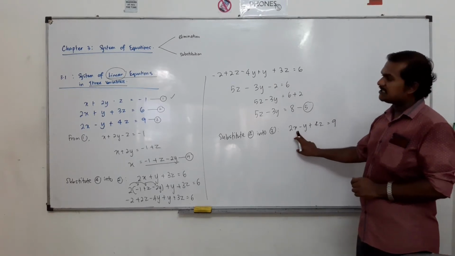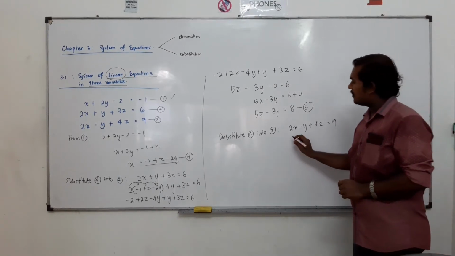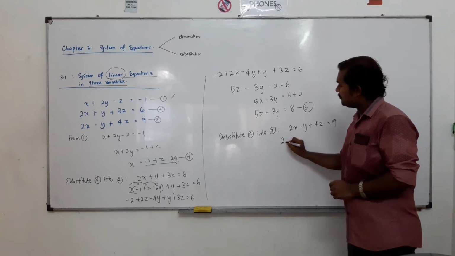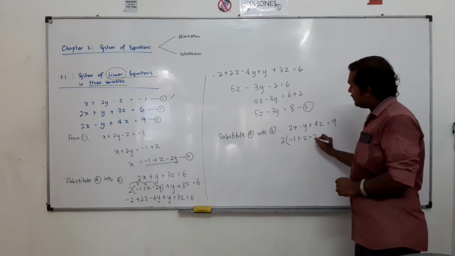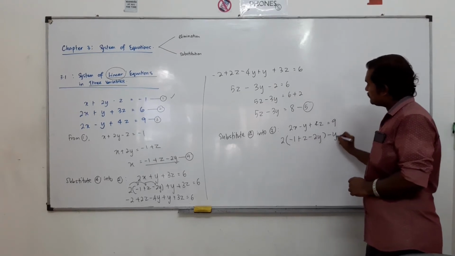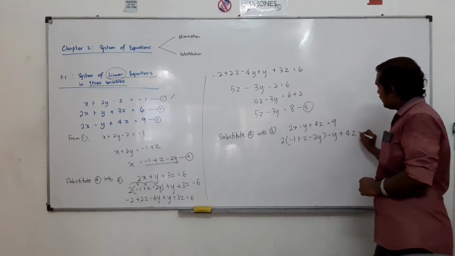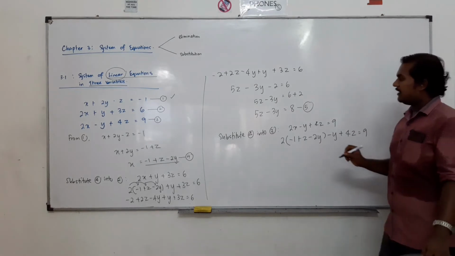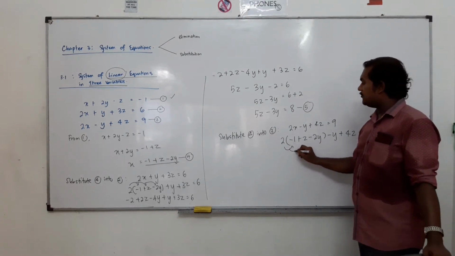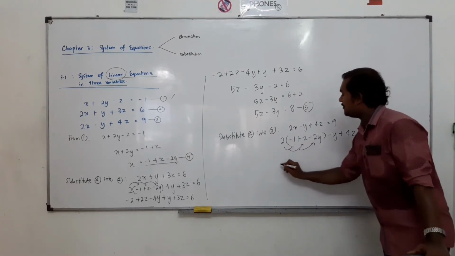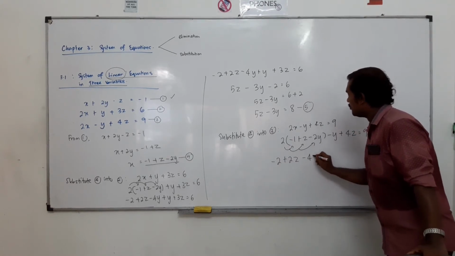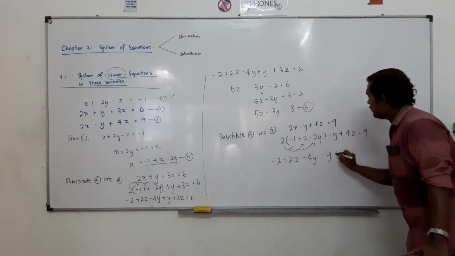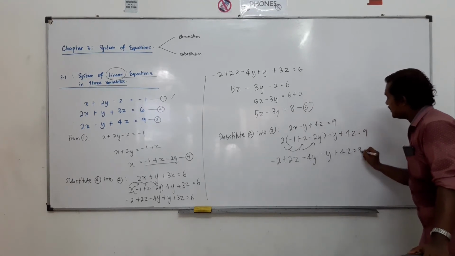In the place of x we substitute equation number 4. So 2 times negative 1 plus z minus 2y, minus y plus 4z equals 9. The same thing, we multiply. You will get negative 2 plus 2z minus 4y minus y plus 4z equals 9.